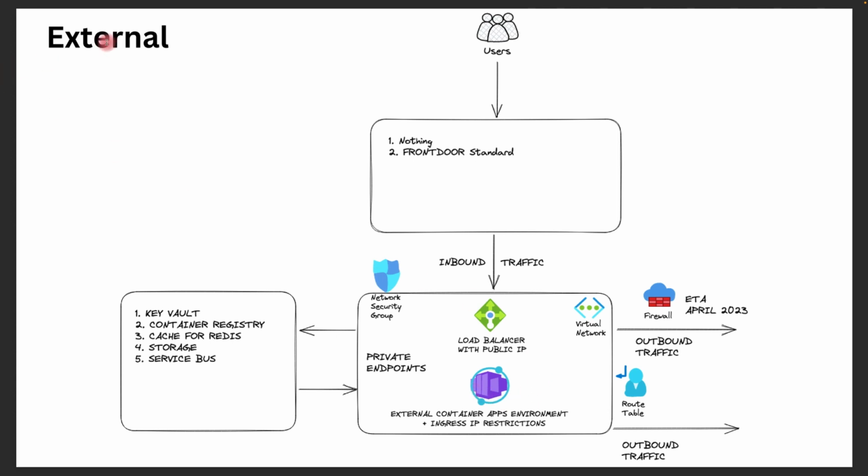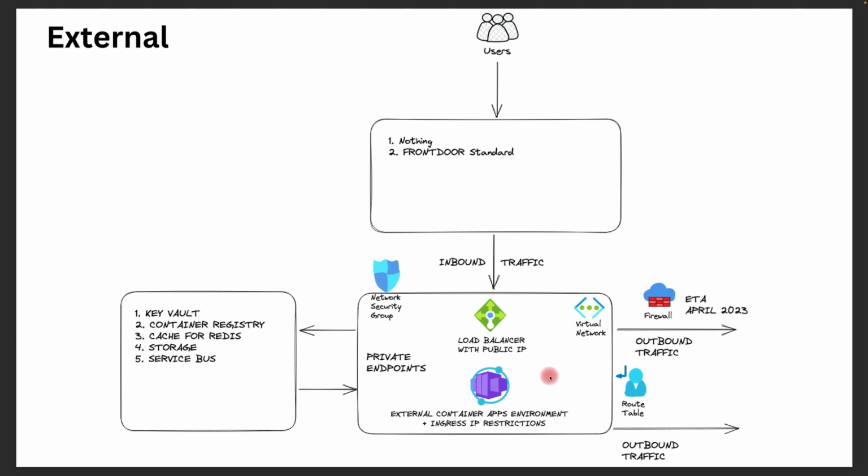When we set it to external, we will have a load balancer with a public IP. So if we want to send requests to our app, we can just use the Container Apps HTTP ingress, or we can use FrontDoor Standard in that setup.